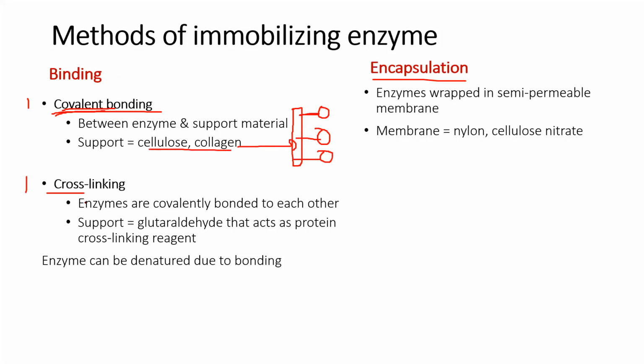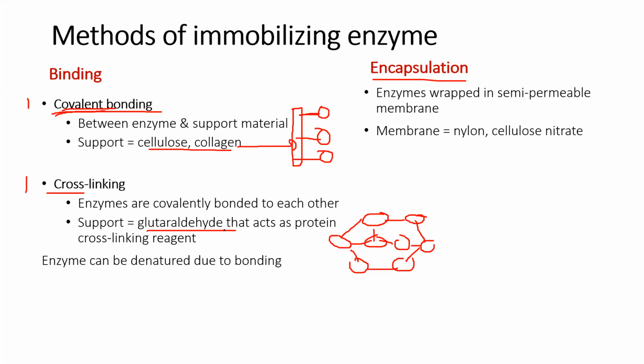Okay. So the next one is cross-linking. Enzymes are covalently bonded to each other. The support is made up of glutaraldehyde that acts as a protein cross-linking agent. So you have enzyme 1, enzyme 2, enzyme 3, enzyme 4, 5, and so on. Kan? So these enzymes are linked together. So that's why we call it cross-linking.